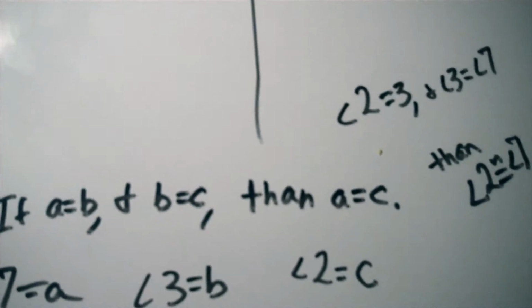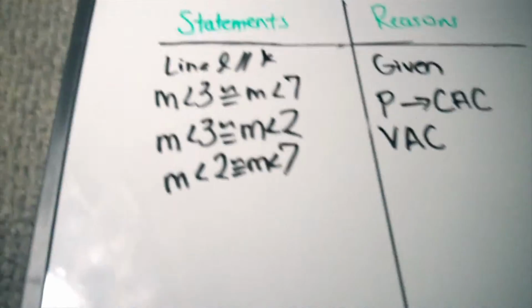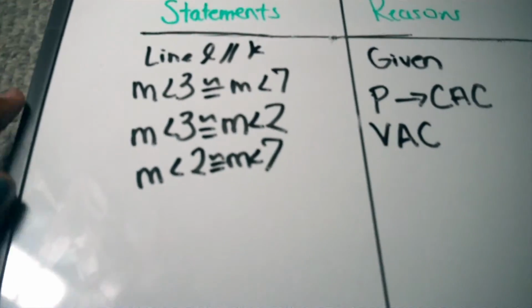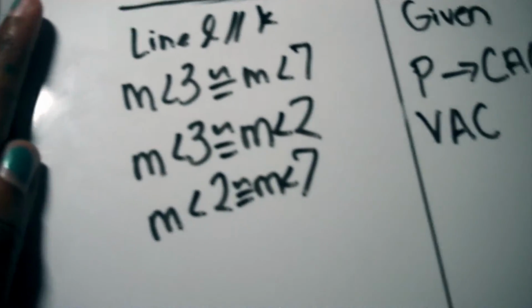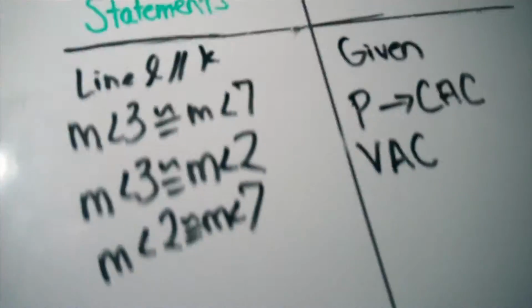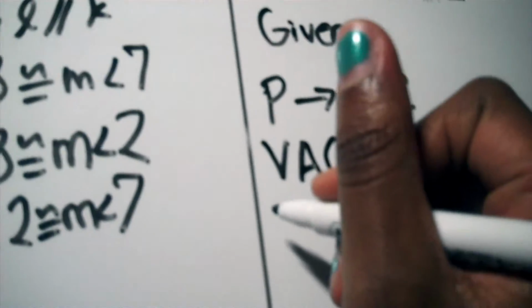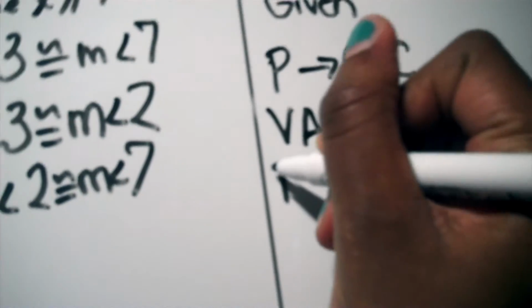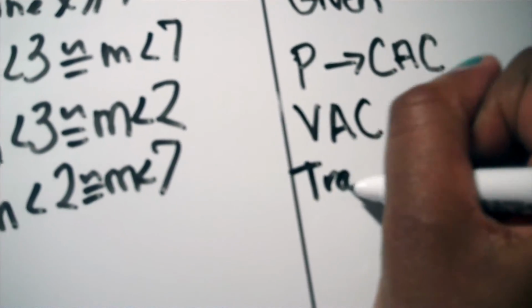So as we can see, this rule, the transitive property, works for our situation up here. And that's how we could prove that the measure of angle 2 is congruent to the measure of angle 7. So just write down our reason, which is the transitive property.